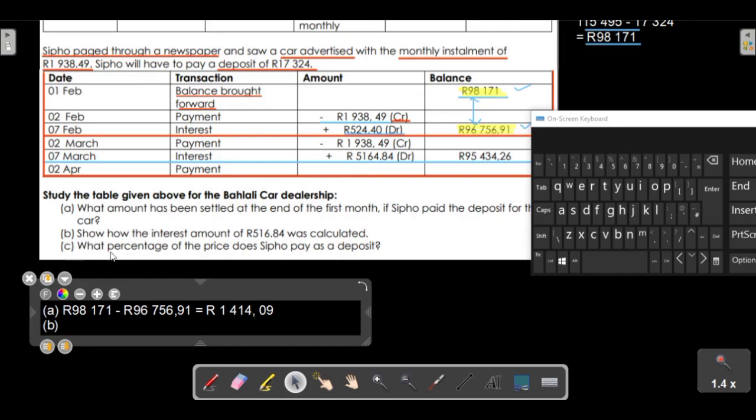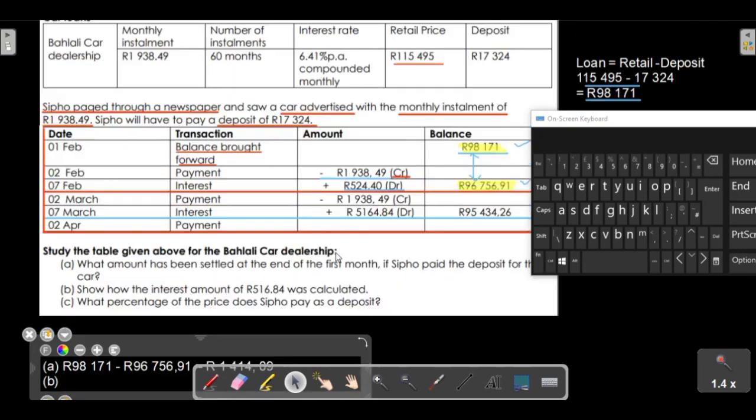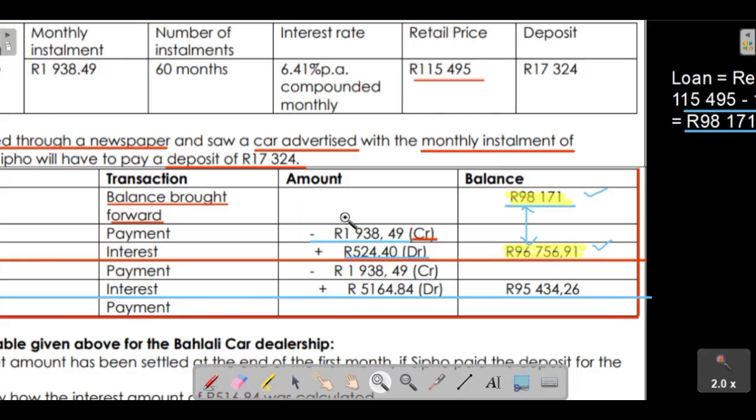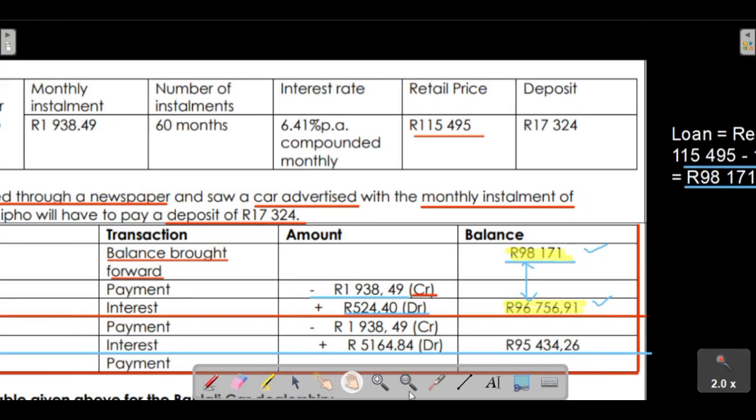Then B says, show how the interest amount of 516.84 was calculated. So what do you look at, guys? Interest speaks a lot. If you look at this, 6.41% per annum compounded monthly, that means calculated on a monthly basis.